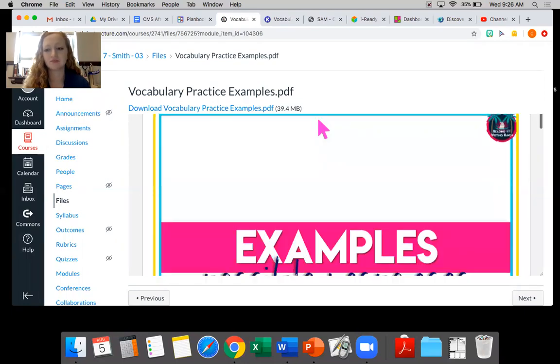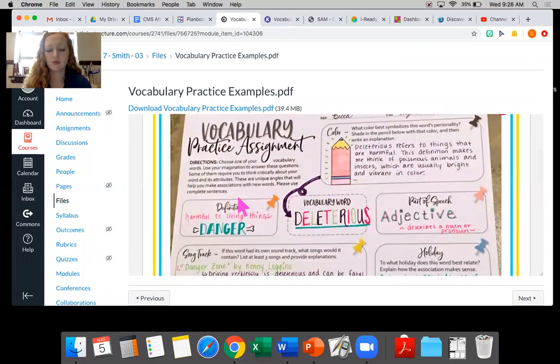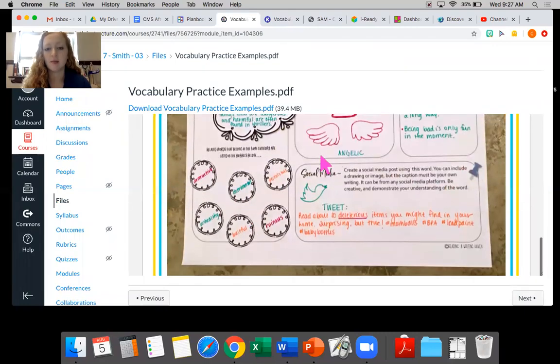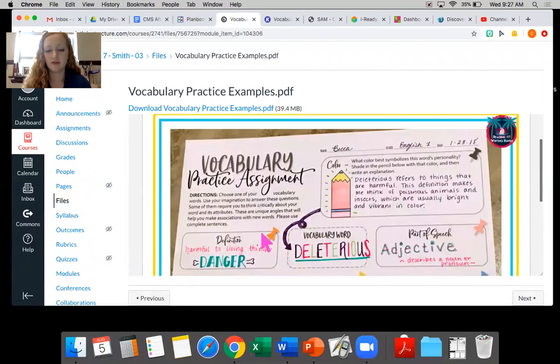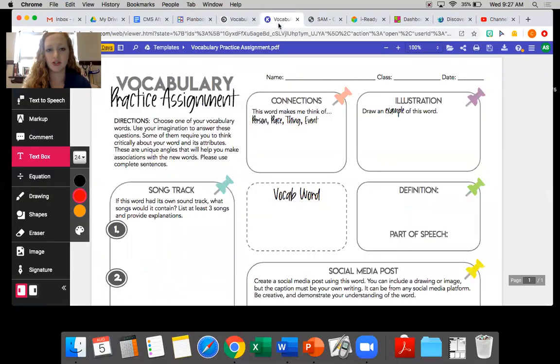Okay, there we go. So this is what the honors one looks like. It's a little bit different. It's a little bit more complicated, but you can get the general gist of it from this. I do not have an example yet of what the regular classes are doing.